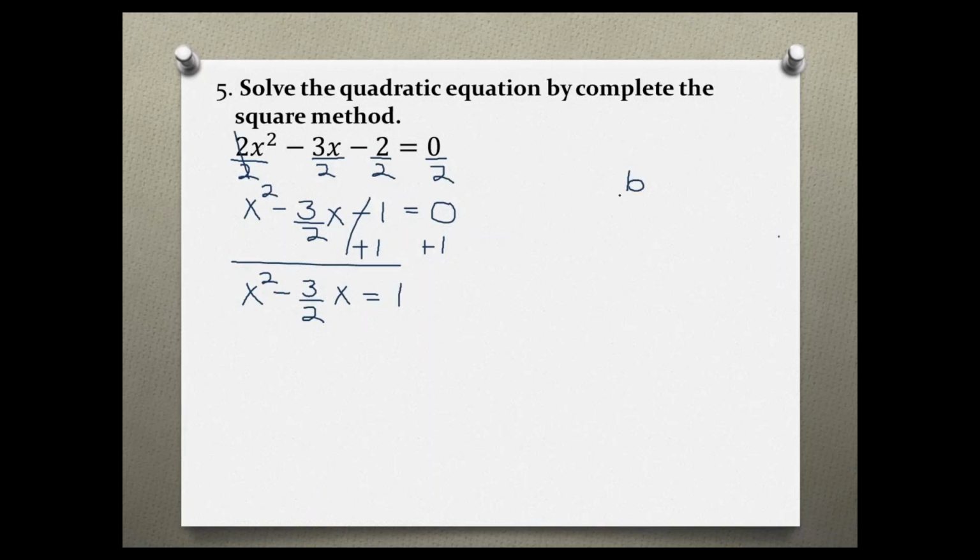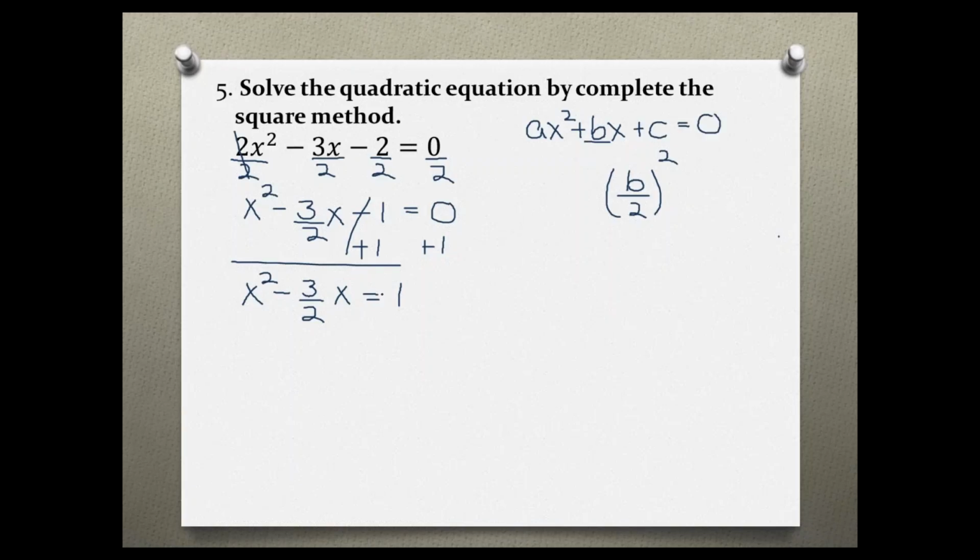Now we're using our formula, b over 2 squared, and our b is the b from the standard quadratic equation ax squared plus bx plus c.